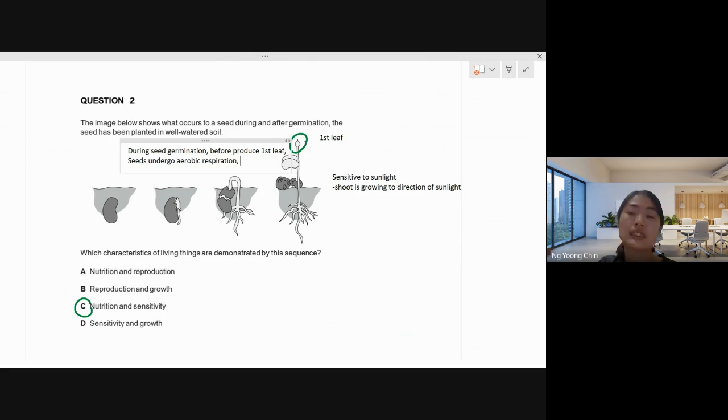So they require the input of oxygen from the surrounding. They will use the oxygen to release energy. They need to use the energy to help with the growth of the seed. So this is the story of this.